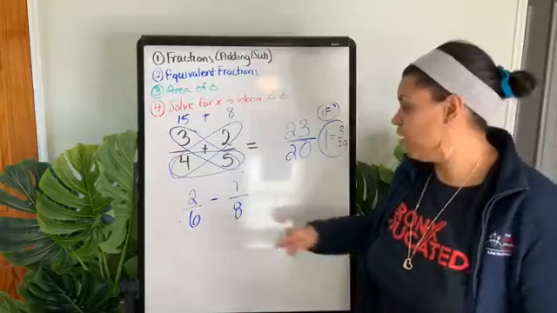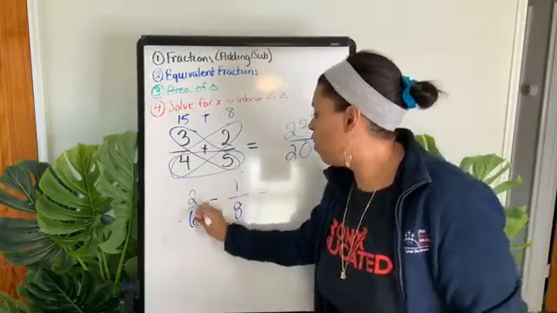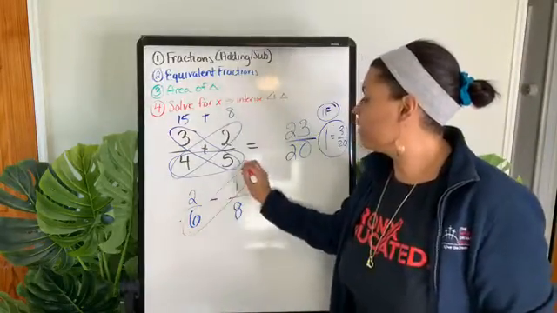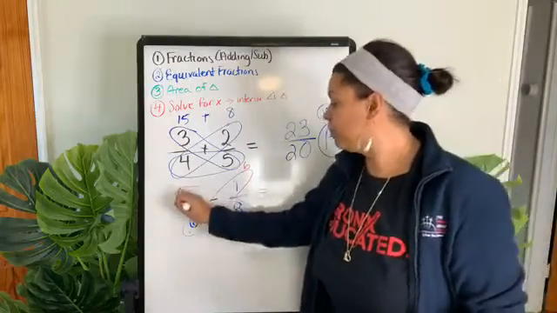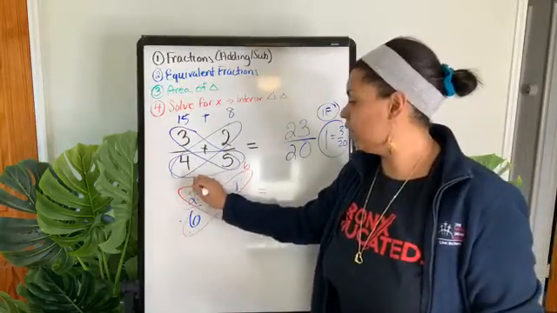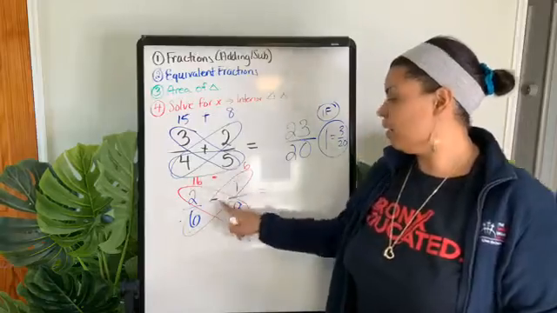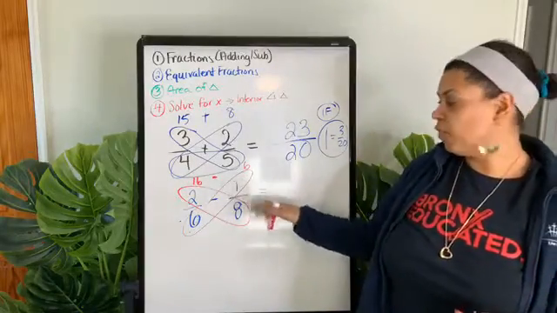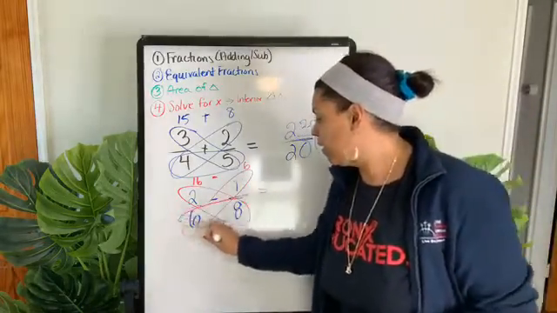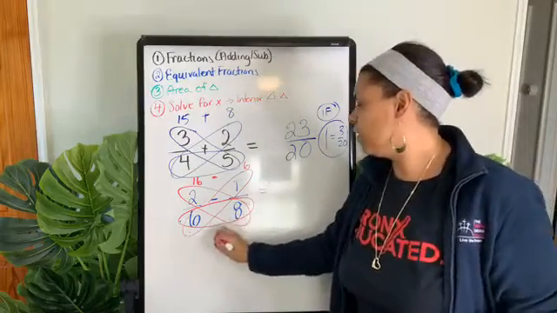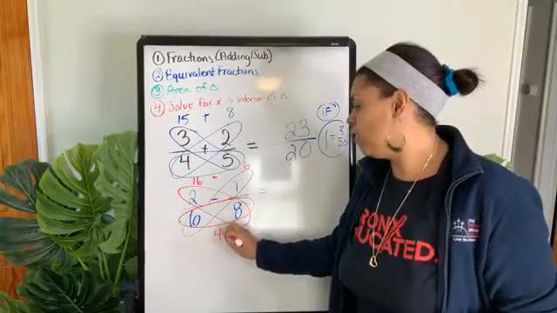So 1 times 6 is 6. 2 times 8 is 16. Only this time, I'm subtracting because I have a subtraction problem. And my denominator, 6 times 8 is just 48.